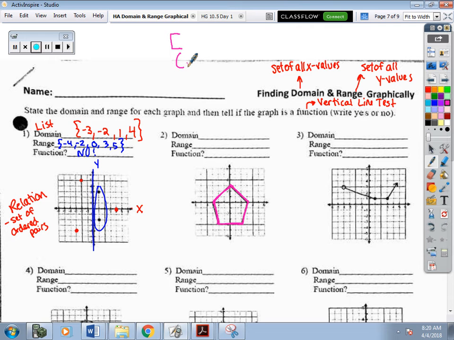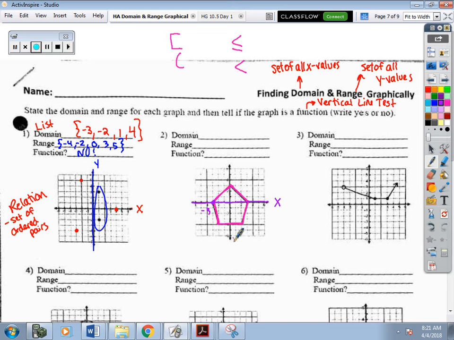Or you can use your inequality symbols. It does not matter which one you do, but I think the majority of you will prefer the bracket parenthesis method. So let's focus on the x-axis for our domain. What's the smallest any of the values ever touch on the x-axis? Caleb? Negative what? 3. Right here is at -3.